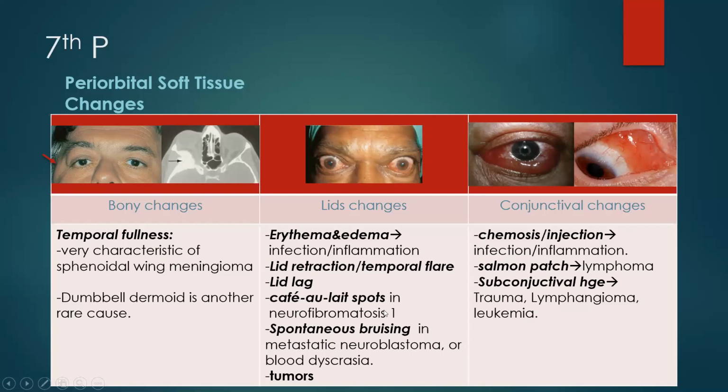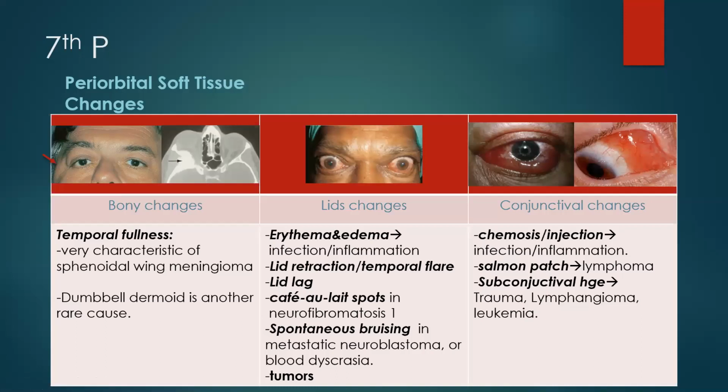The lid changes that can happen with some cases of proptosis can be erythema and edema, which are signs of infection or inflammation. Lid retraction, temporal flare. Temporal flare is a pathognomonic sign of thyroid eye disease. Lid lag, also mainly for thyroid eye disease.